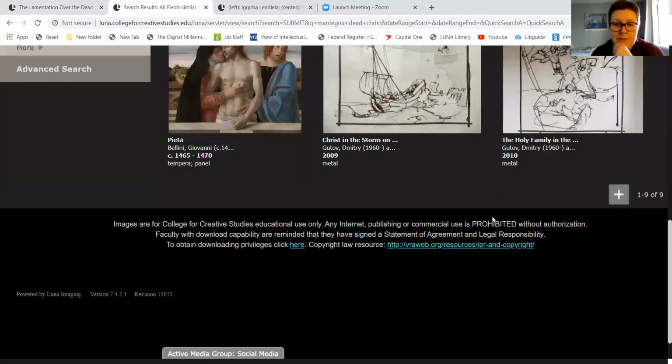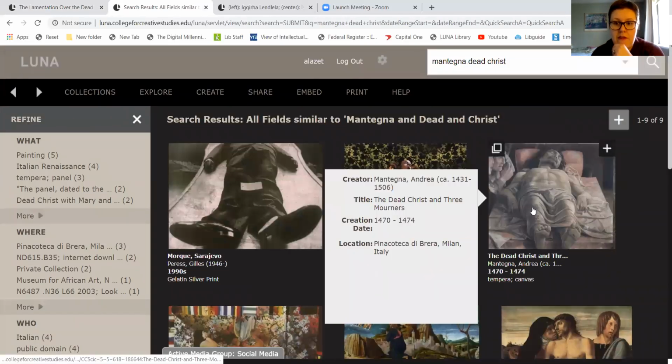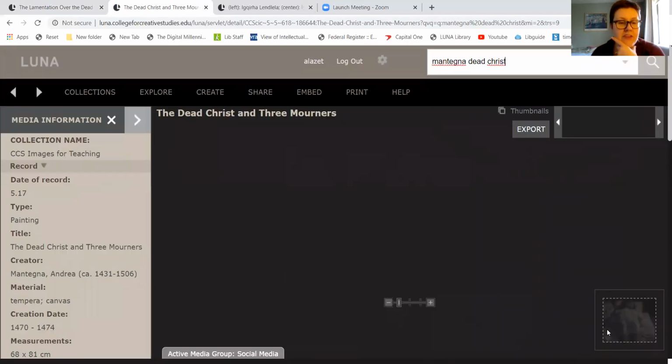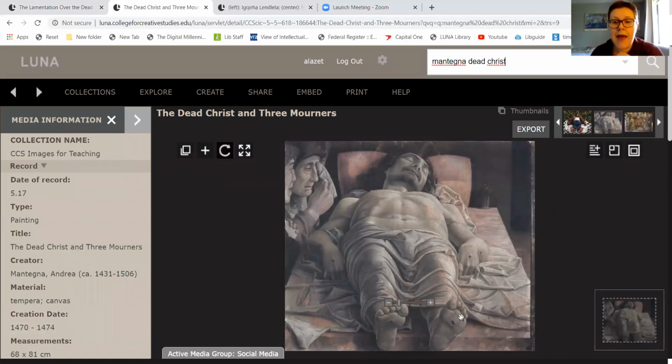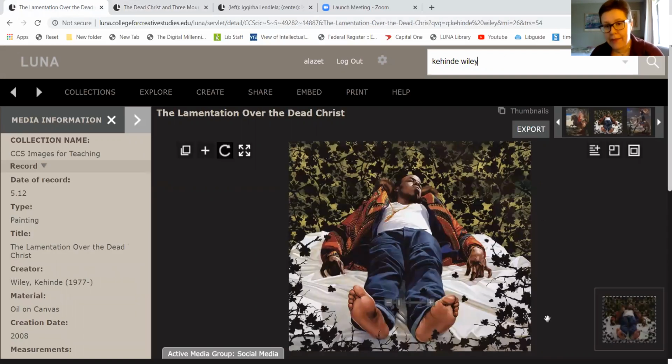So let's see, here it is. So this is called The Dead Christ and the Three Mourners. It's from the 1470s. And at the time this was painted, this was quite revolutionary for the level of foreshortening. So it would have been quite unusual to see Christ depicted in this way and at this angle. Okay, very revolutionary. And Kehinde Wiley is also doing something revolutionary.